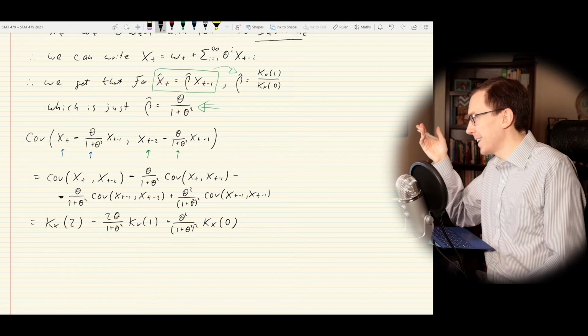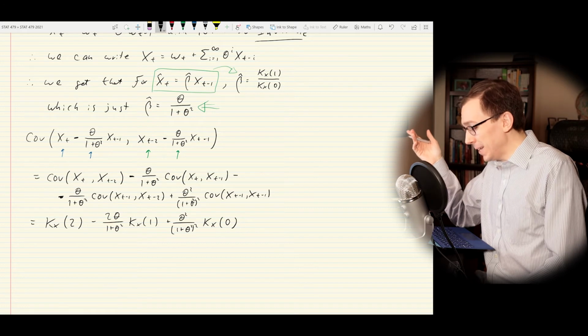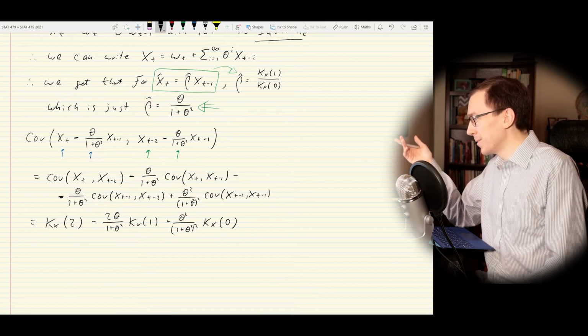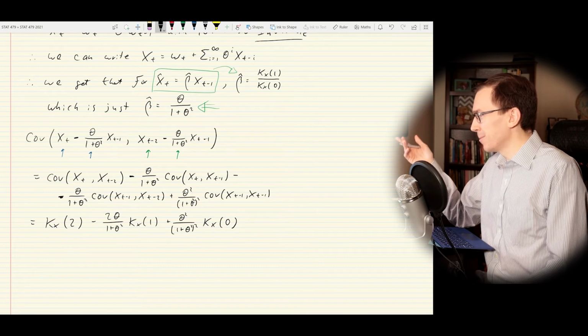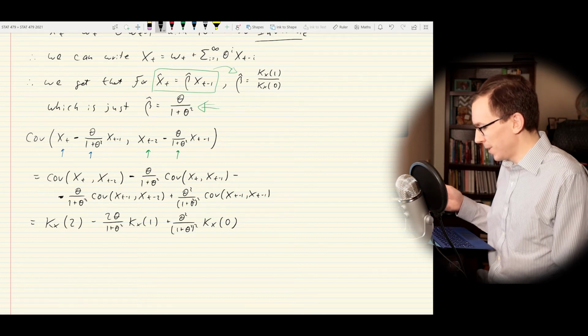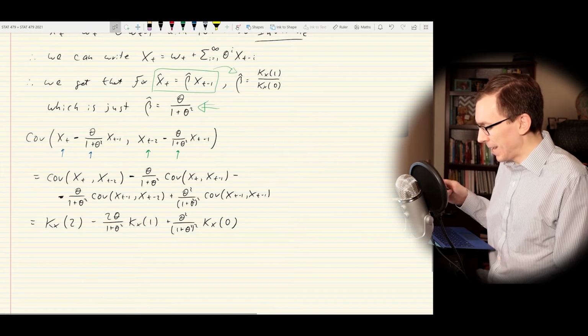All right, so now we've got 3 things going on here. What in the world is that? Well, we can actually just plug in the values that we know, because we already know what all of the autocorrelations should be.